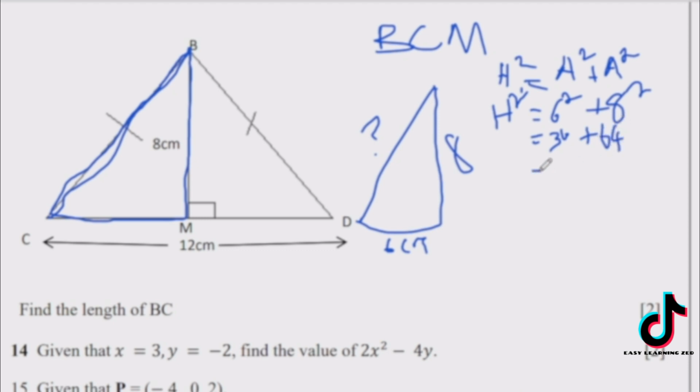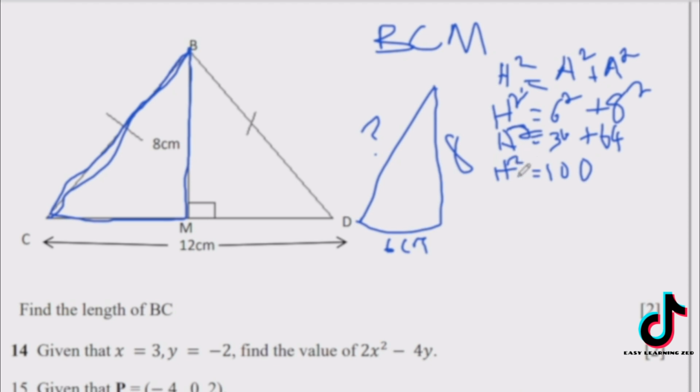Then equal to 36 plus 64, which gives us 100. Sorry, I left h squared here, which is hypotenuse squared. And here hypotenuse squared. Okay, I hope we are able to follow.